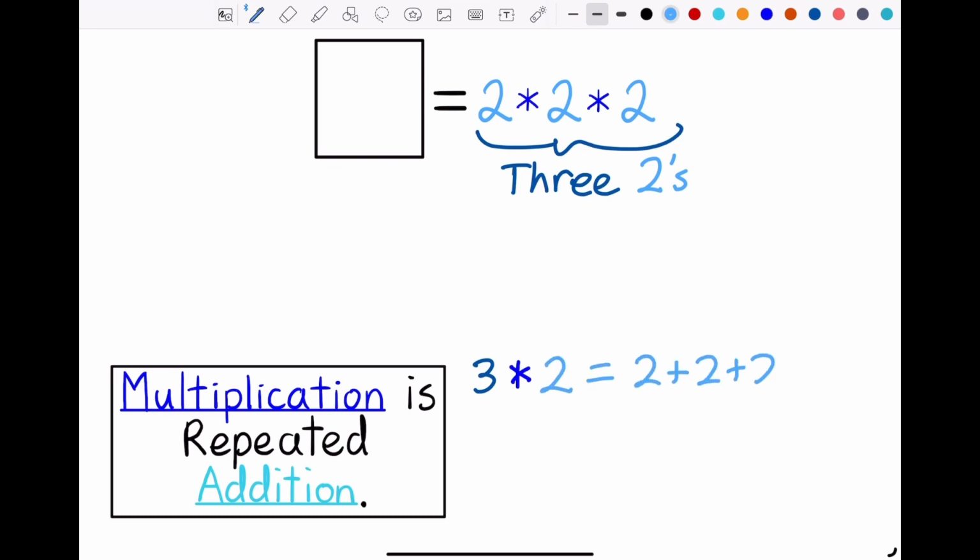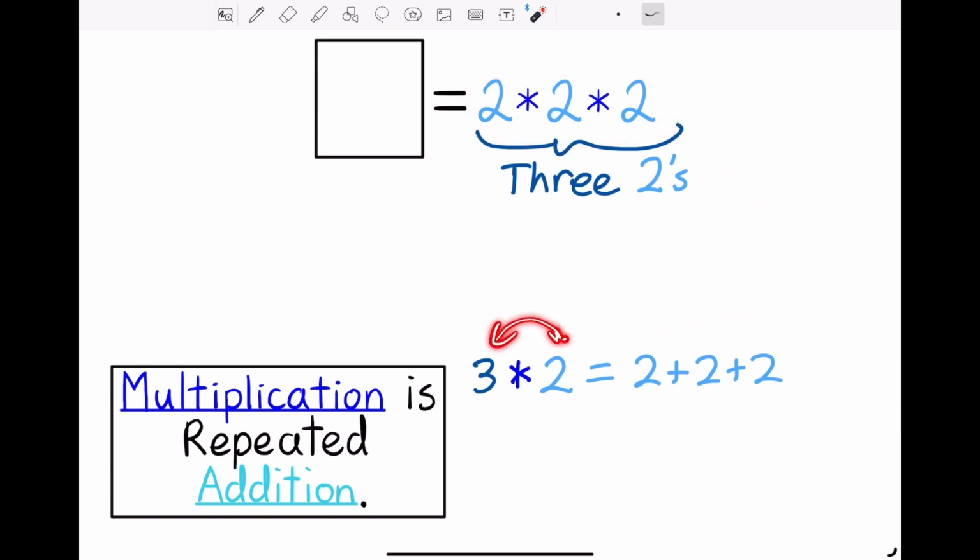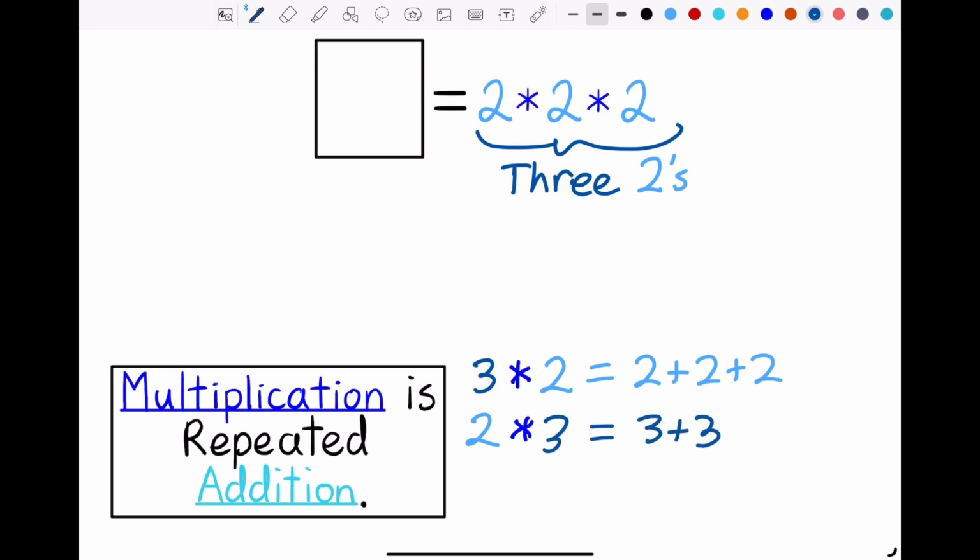And adding 3 2's is different than multiplying 3 2's. And let's say we switch the order. We did 2 times 3. Well, 2 times 3 tells us that we're going to add 2 3's together. And now we're not even using the number we're multiplying repeatedly. So we don't want to use multiplication.